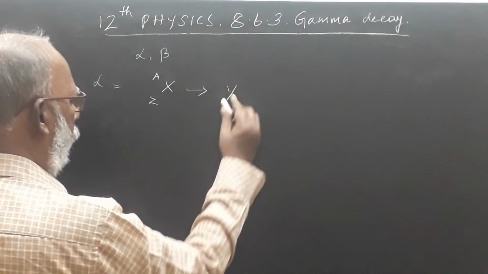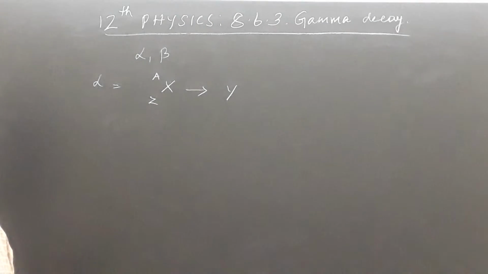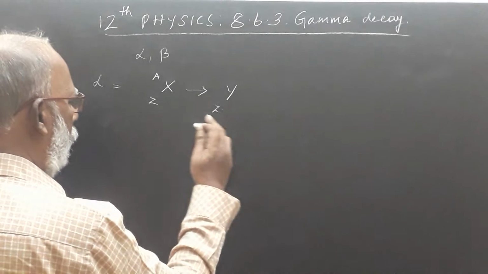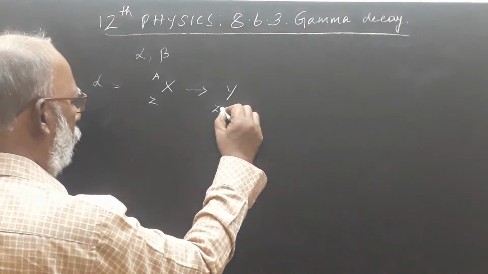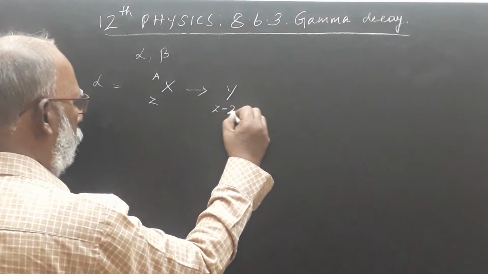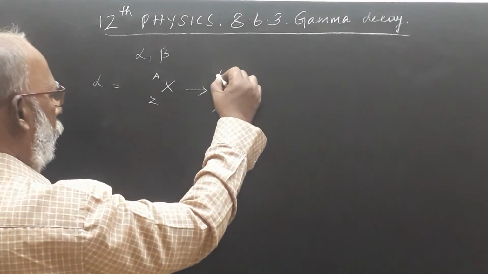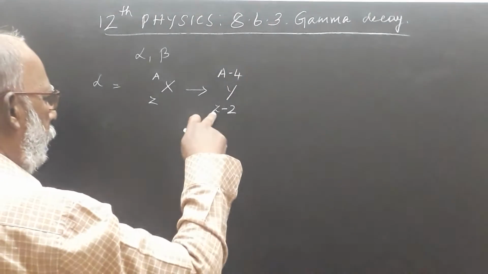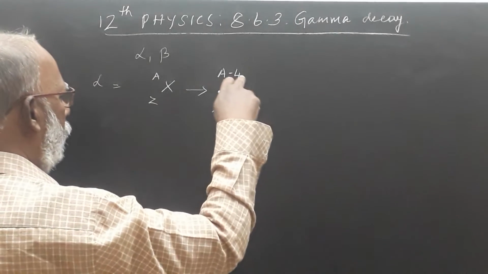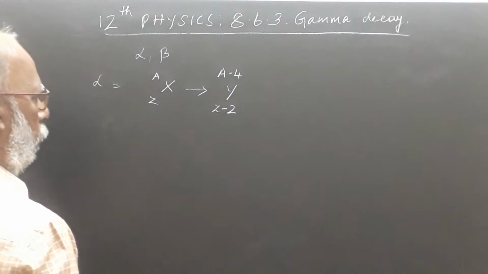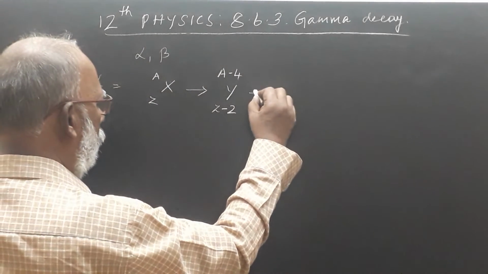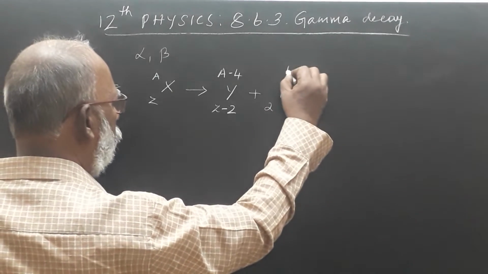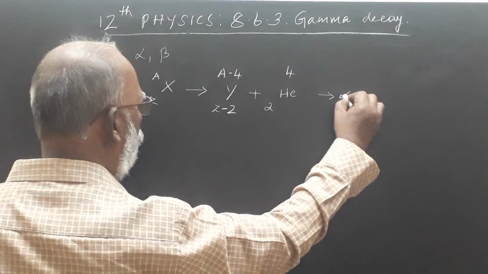Then it will become Y, that is called daughter atom, and the atomic mass number is reduced by 4 and the atomic number is reduced by 2, because one alpha particle is nothing but 2He4. This is called alpha particle emission.